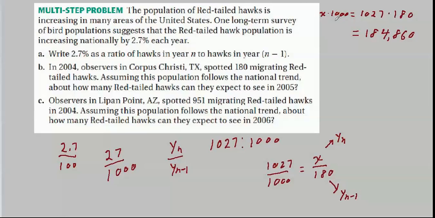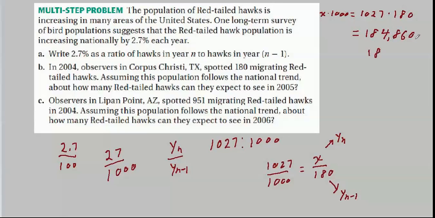If we leave ourselves room to actually write the equation, we get x times 1,000 is 1,027 times 180. Well, this product turns out to be that. If we divide by 1,000, we just put a decimal point where the comma used to be. It's pretty easy. Just move the decimal.